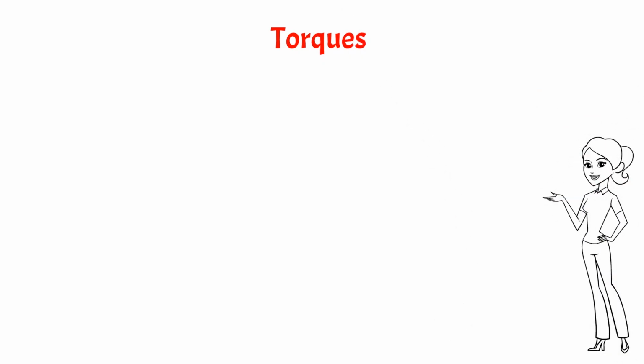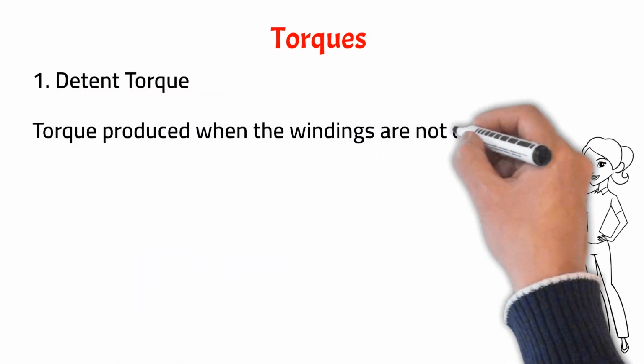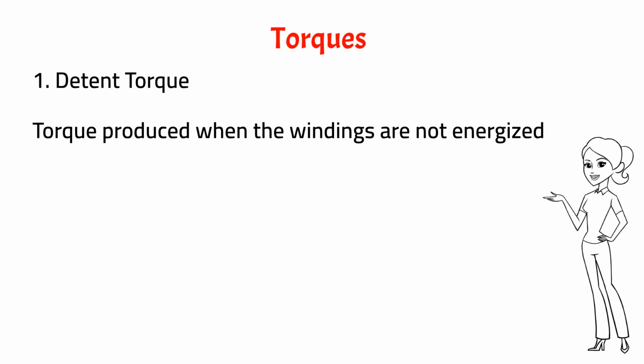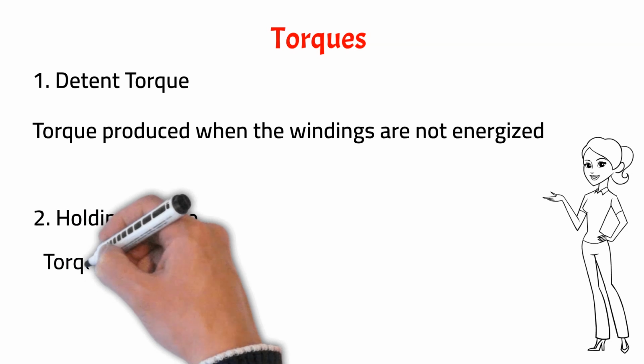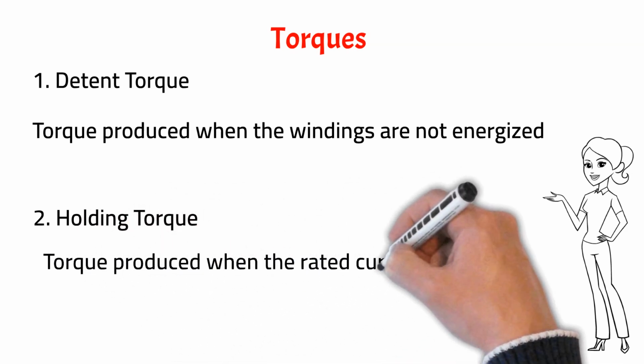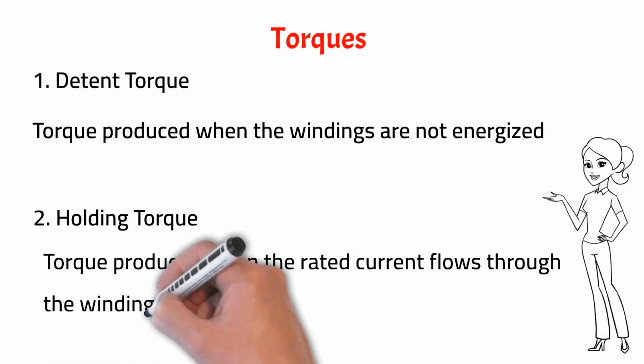Moving on to different types of torques involved in stepper motors, number 1 is detent torque. This is the torque produced when the windings are not energized. And number 2 is holding torque. This is the torque produced when the rated current flows through the winding.